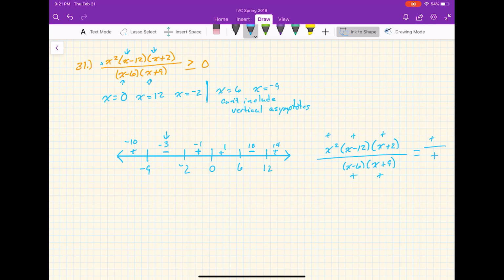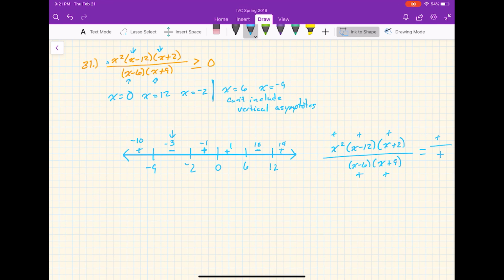All right. So now I need to write negative infinity to negative 9. But this is the important part we have to remember. We can't include this, because it's a vertical asymptote. And then union, where else is it above the x-axis or above 0?